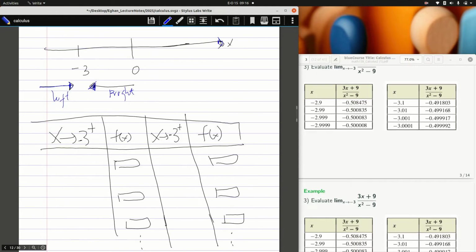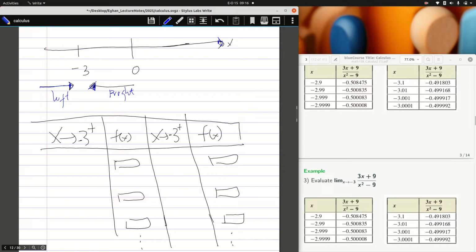That's the next question. I can have negative 2.9 here, negative 2.99, and if I move again, negative 2.999. I just hope this left and right side is still clear.